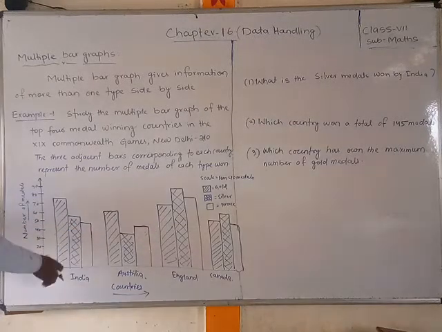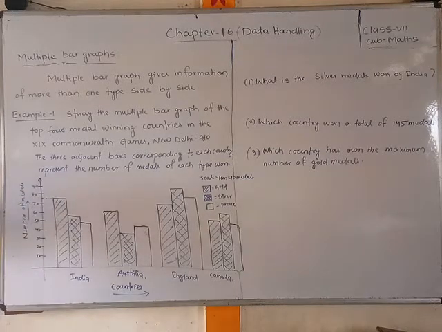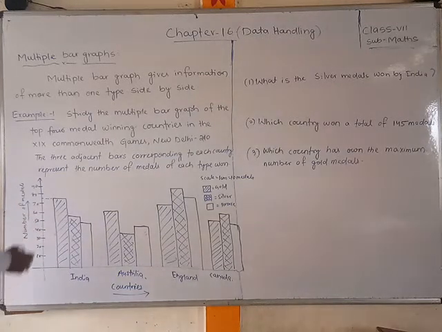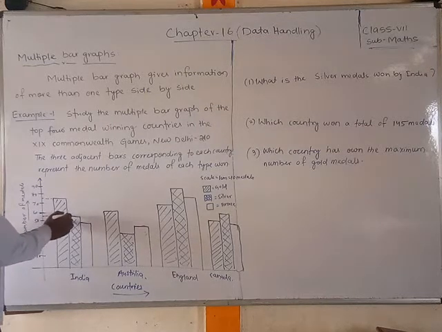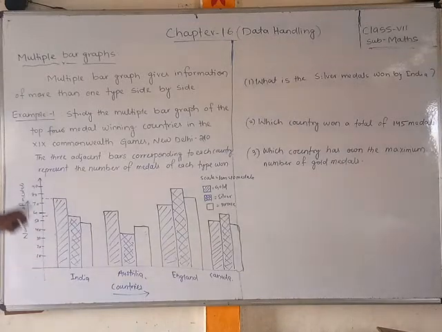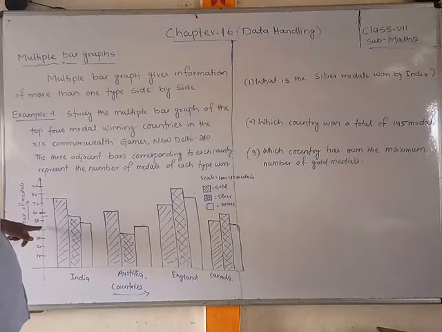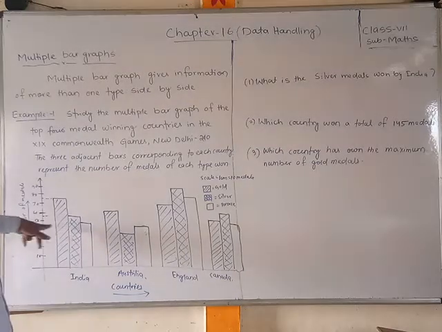India's gold is about 75. Silver is 55, and bronze is 50. Similarly for Australia, 60 gold, 40 silver, and 50 bronze.